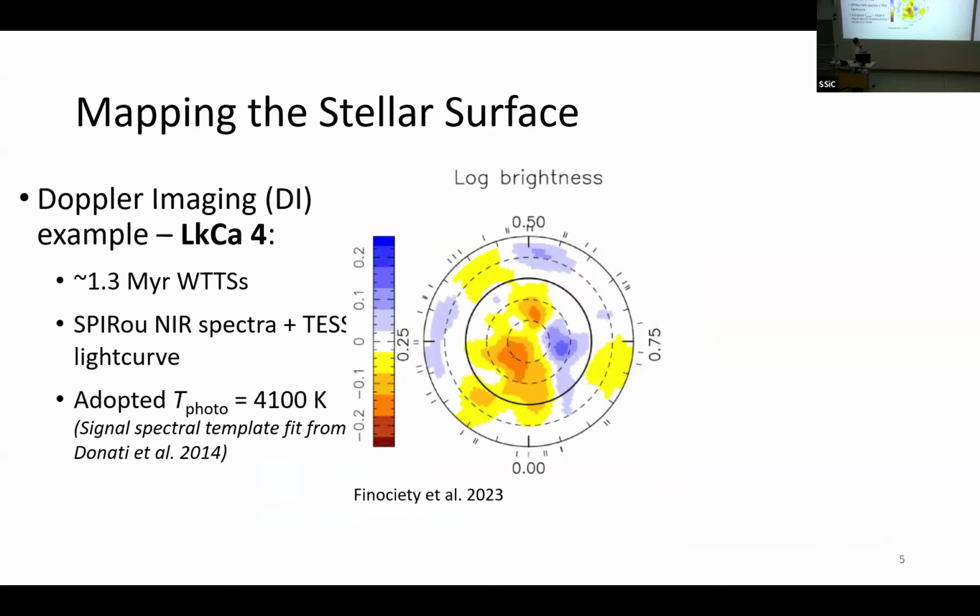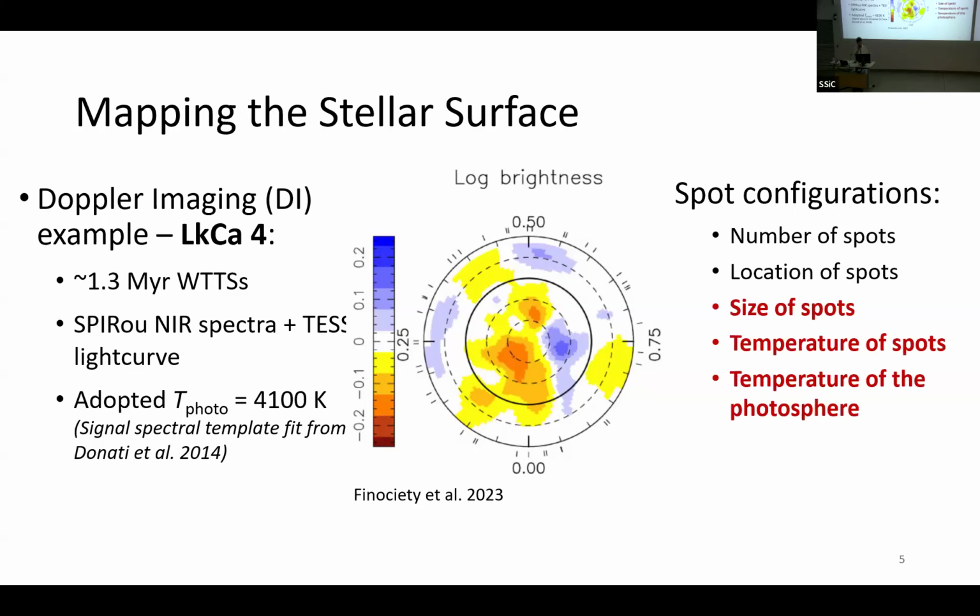The color bar here shows the red as the darker area, so it's a dark spot. Blue is the hotter, brighter area, the hot spots, right? But you will see there's an issue: using Doppler imaging, we know the number of spots and the location of the spots, but it's showing as a magnitude difference, right?